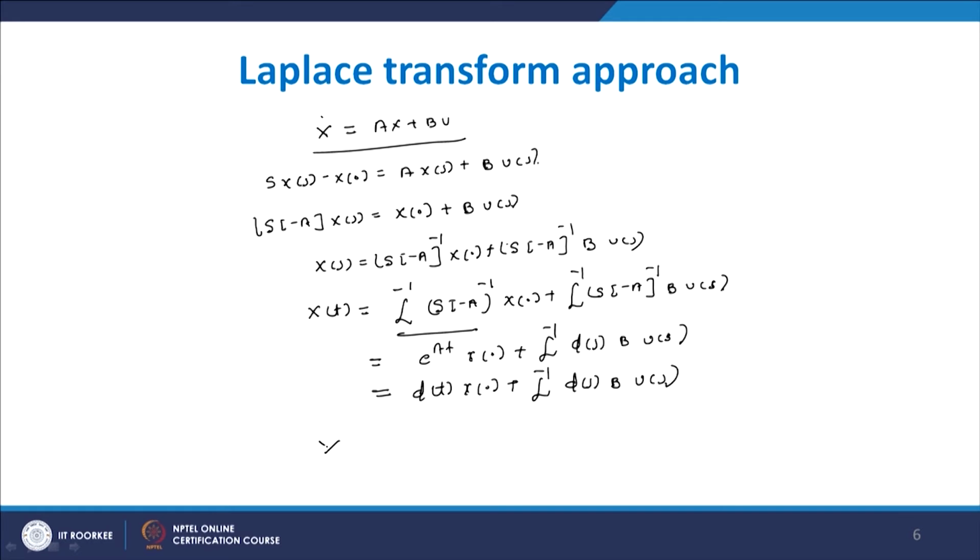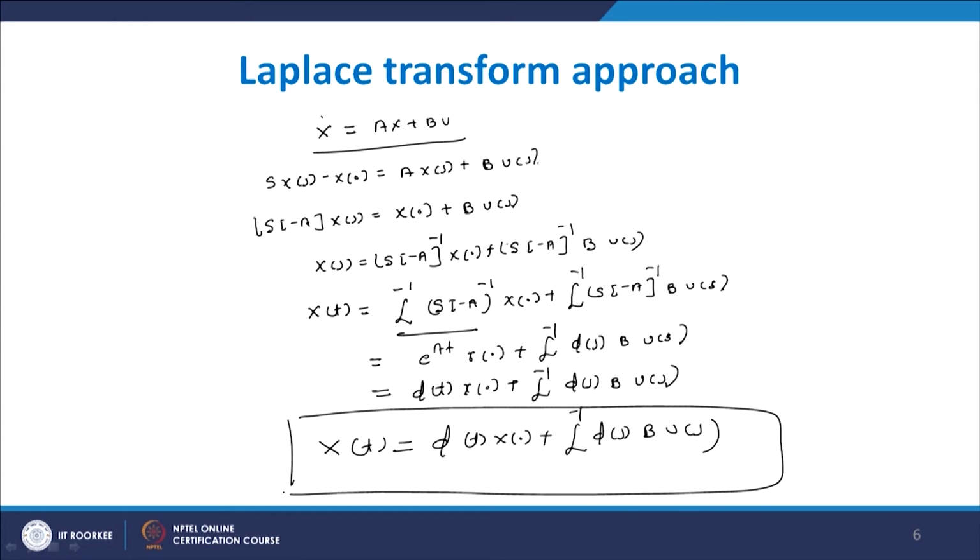That means, finally, this x of t equal to phi of t into x naught plus Laplace inverse of phi of s b into u of s. So, you will find that even mathematically, by deriving this equation, we have reached easily the x of t, and this x of t is based on the Laplace inverse of (si minus a) inverse.